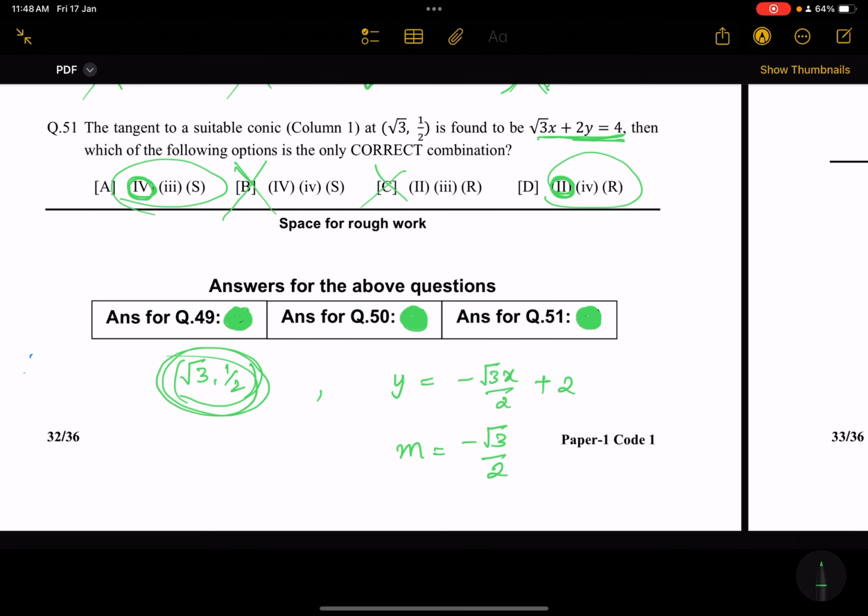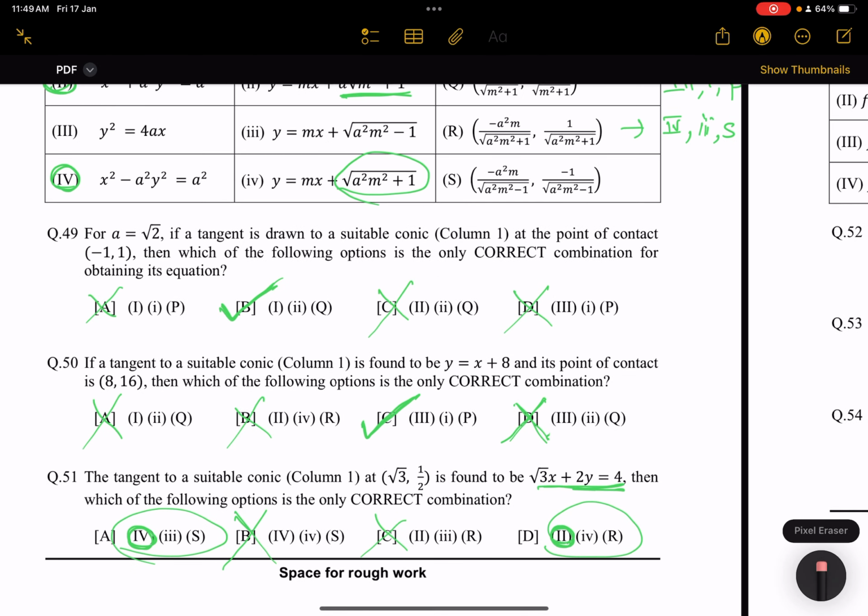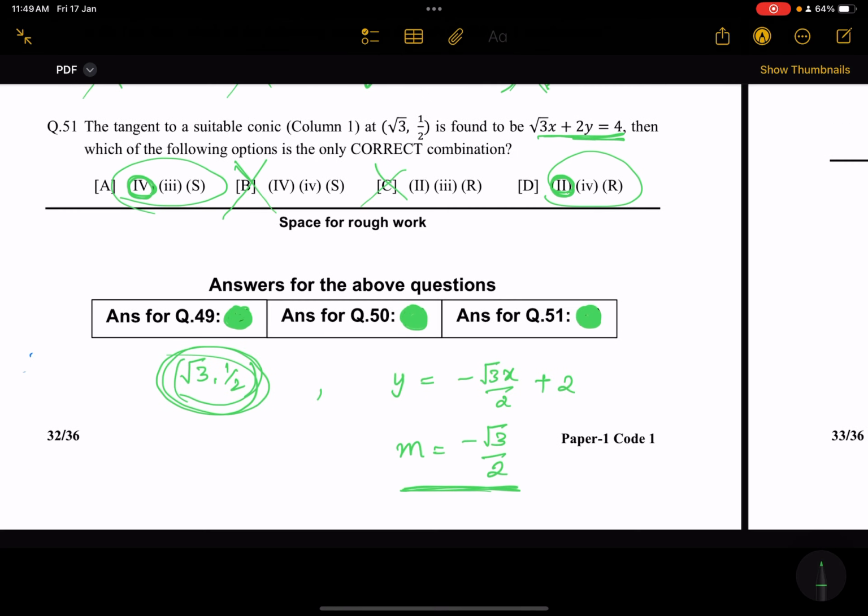Now the tangent equation is given. m is equal to minus root 3 by 2. And this is the tangent equation of an ellipse. So under root a square m square plus 1 is equal to 2. So a square m square is 3 upon 4 from here plus 1 is equal to 4.